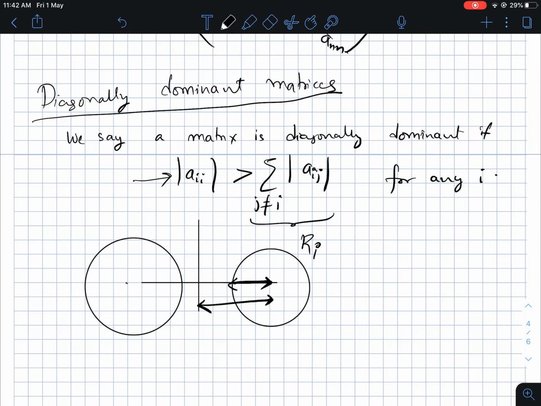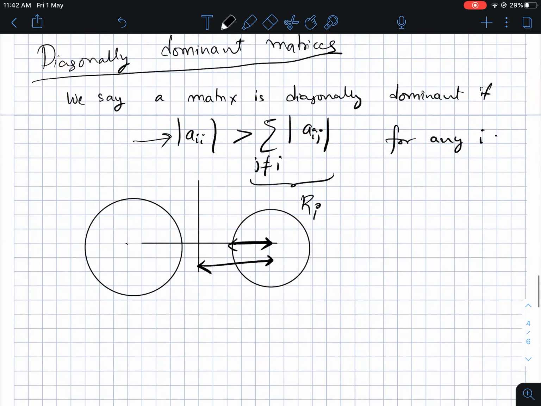And what is the immediate consequence of a diagonally dominant matrix? The immediate consequence is, one, that none of the Gershgorin circles include the origin. It doesn't matter whether your diagonal entry is positive or negative, because the radius is smaller than the distance, your circle will never actually hit or include the origin.